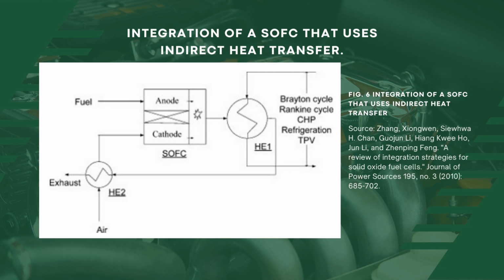In this configuration we have one SOFC, that is one fuel cell, two heat exchangers and two closed power cycles. An alternative thermal coupling scheme involves indirect heat transfer as shown in this figure. The indirect thermal coupling scheme includes two closed cycles.